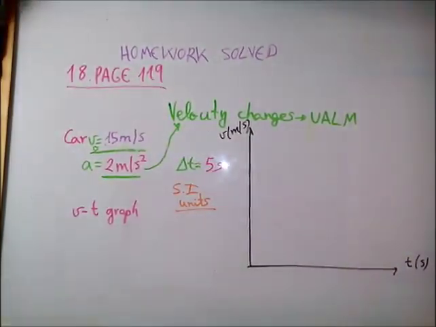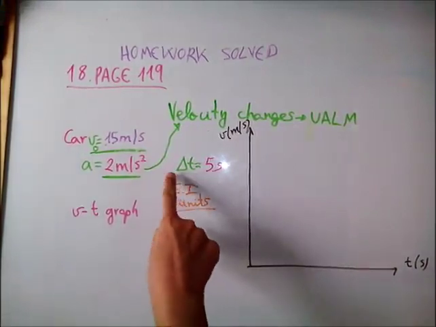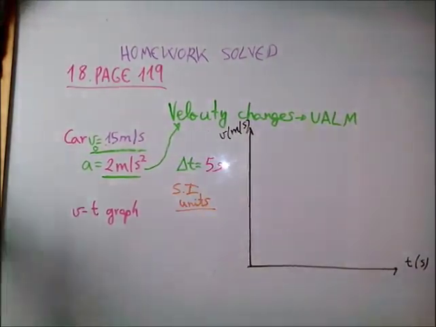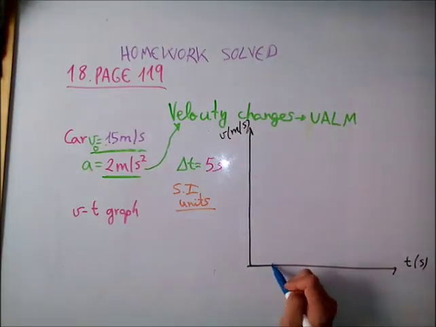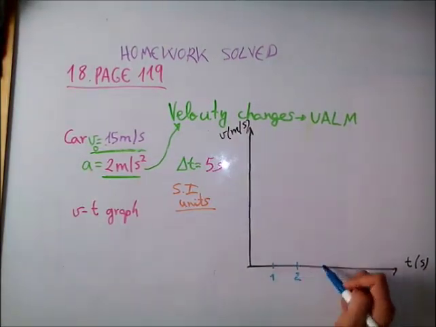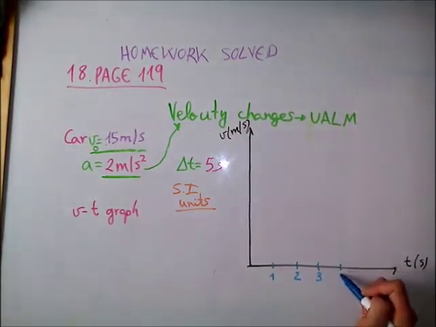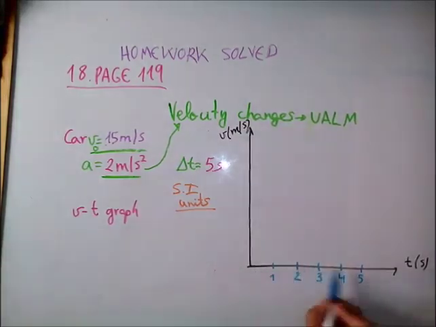So in order to do the graph, we have to see how long it takes for this motion to happen. So it takes 5 seconds. So what I'm going to do in here is write the 5 seconds in the time axis, which is always the horizontal one, okay? So we have 1, 2, 3, 4, and 5 seconds. Remember, they have to be equally spaced.